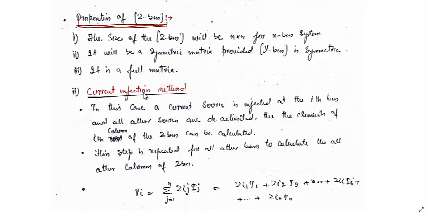Now the second method is the current injection method. Now what is this? You might have done a bit in your previous classes, in basic electrical engineering.